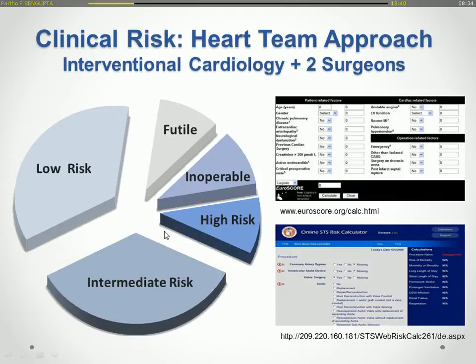And these are the scenarios. You have low risk, intermediate risk, high risk, inoperable, and a certain set of patients who would be considered futile for any therapeutic approach. And essentially, the role of TAVR has been currently established for patients who are considered inoperable or high risk. And there is a certain trend currently to have a personalized discretion in certain cases with intermediate risk category where these may be useful.